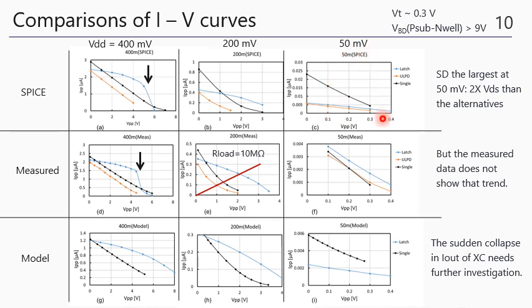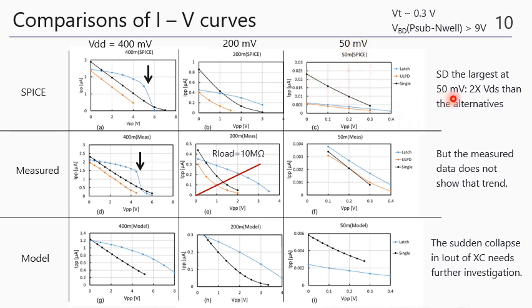In the 50 millivolt case, the output impedance is about the same as ULPD. And so a single diode case has the largest at 50 millivolt.